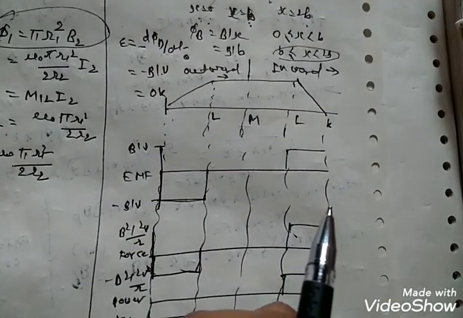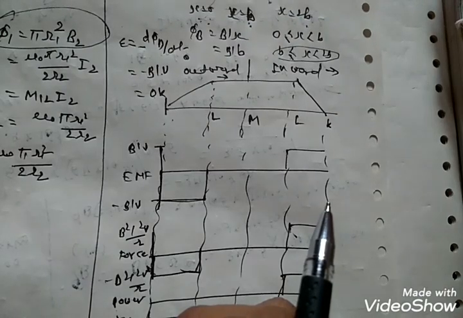The force required to keep arm PQ in constant motion is ILB, and its direction is to the left.